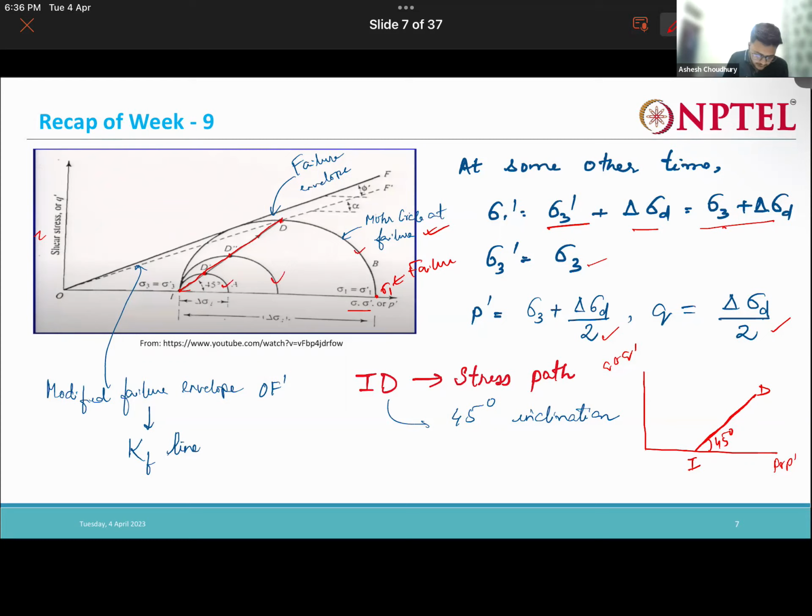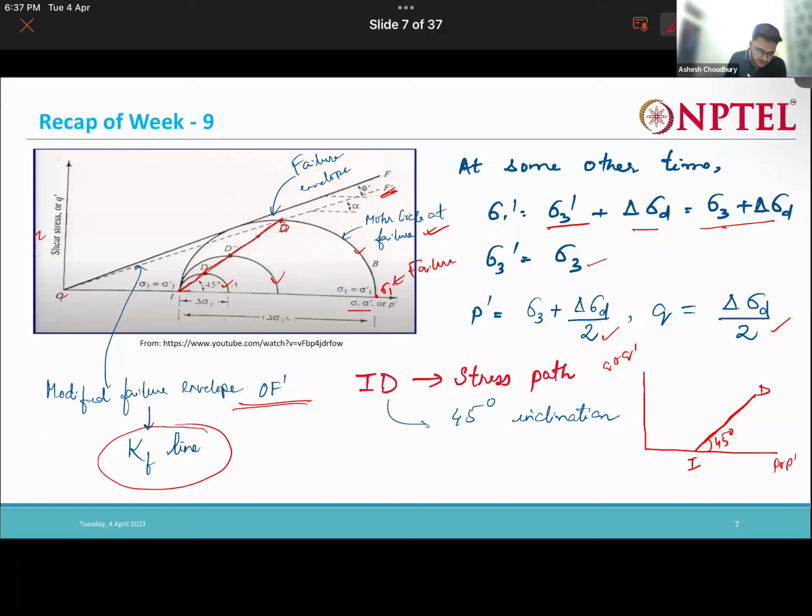Now, if we join my O point with the D point, this is nothing but the modified failure envelope. If you join this O and D line, it is extended till F dash. This OF dash line is called the modified failure envelope, nothing but my Kf line.